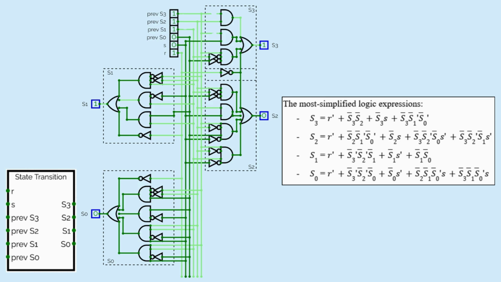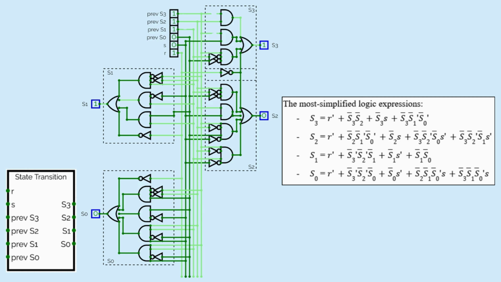As you can see in this circuit, each output such as S3, S2, S1, and S0 is a combination of 6 inputs based on the sum of product canonical form. With this state transition circuit, when we input the previous or current state, we will obtain the next state as the output of this circuit.